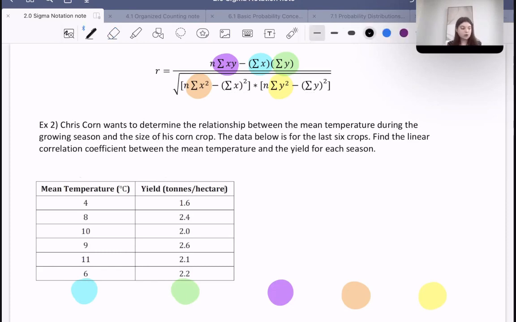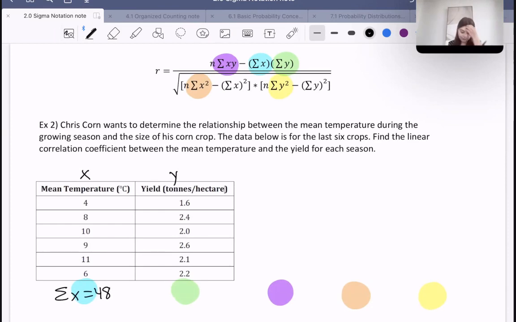All right, so let's go ahead and start. So first I'm just going to add up all the x values. Let's say this is our x and this is our y. So let's grab a calculator. I'm just going to add them up. So 4 plus 8 plus 10 plus 9 plus 11 plus 6 equals 48. Okay, so therefore we know that if we add all these up, we get 48.